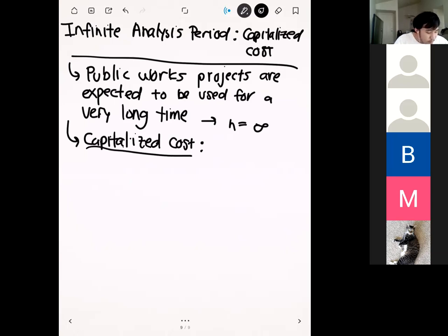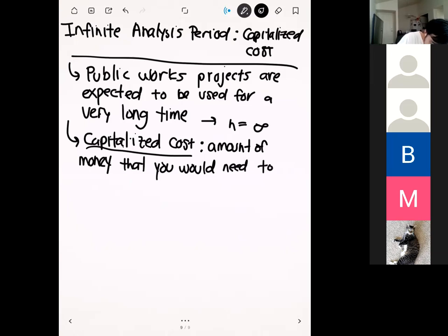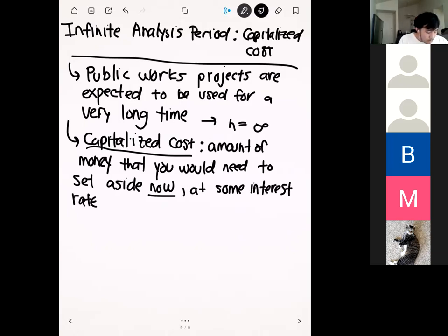Capitalized cost is the amount of money that you would need to set aside now, and if you're given some interest rate, it's the amount of cash that you would set aside now, and if you invest that at some interest rate, that would yield you basically a uniform cash flow indefinitely.